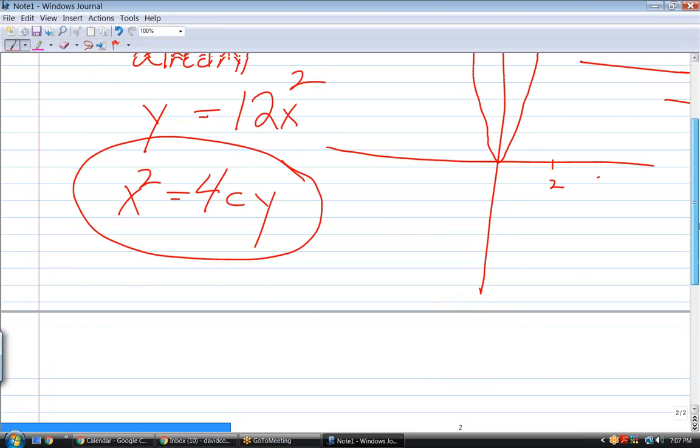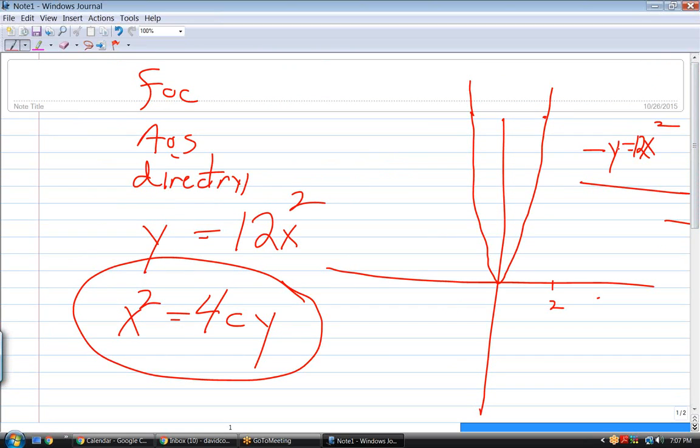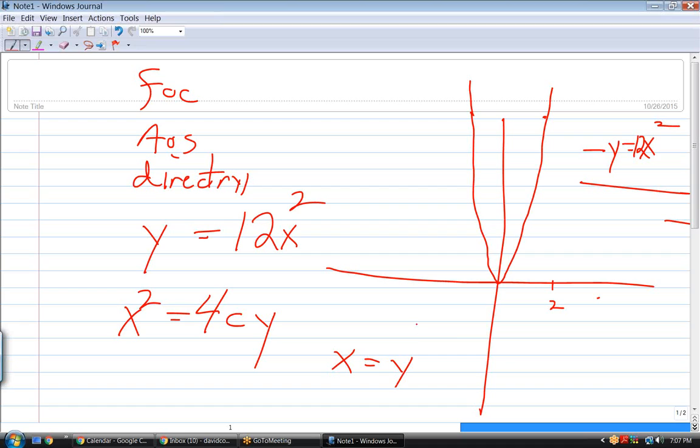When the x is being squared and the y is not, that's either vertical or upside down vertical. If you see one where it's x equals y squared, then that's going to be one that looks like that.